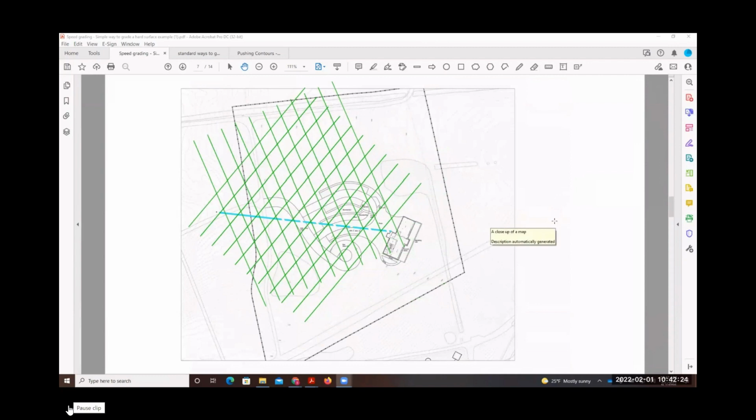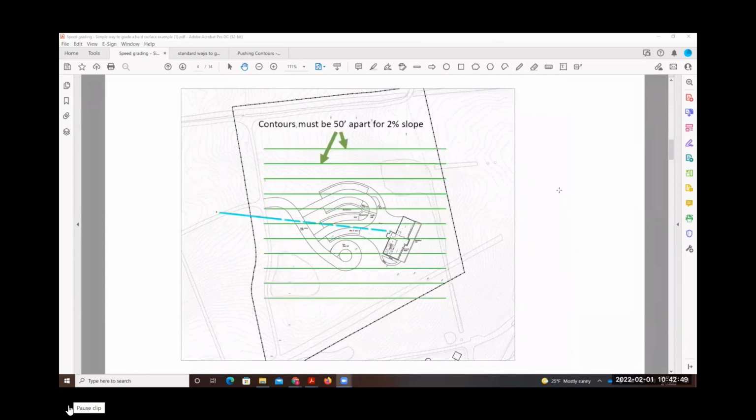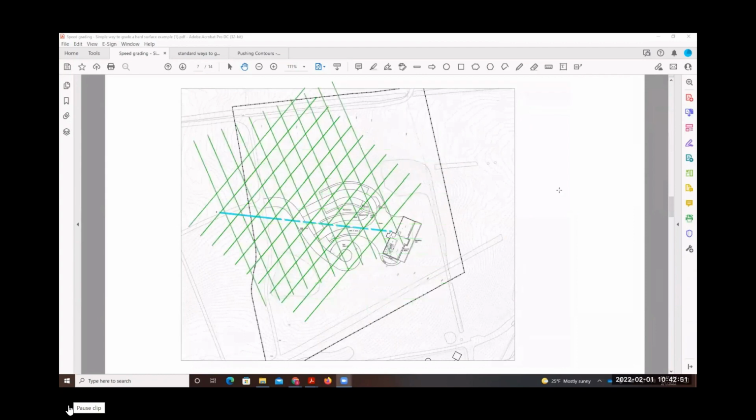Okay, let's remember when I was back here, I said that there were natural patterns of contours. And so what I want to do is rotate that grid to line up with those natural patterns of contours.